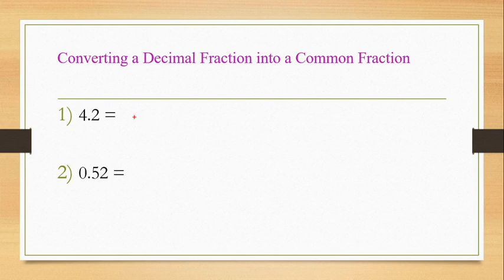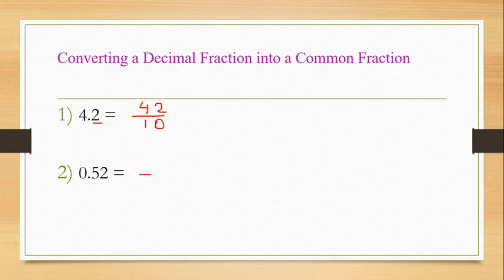Let's start. First we will write 42 in the place of the numerator. We will adjust this 0 by the denominator numbers. How many places are present on the right side after the decimal point? There is only one place. So we will take only one 0 after 1. So the answer comes 42 upon 10.